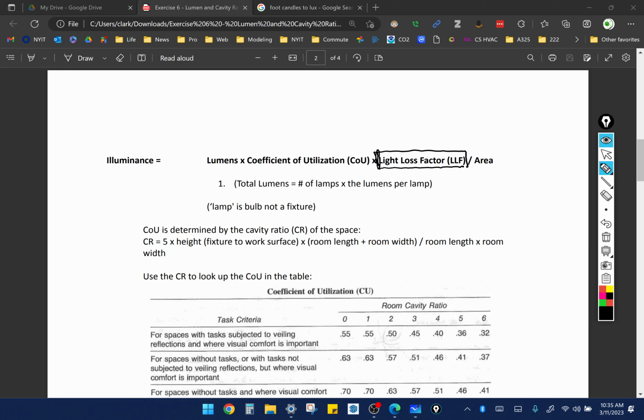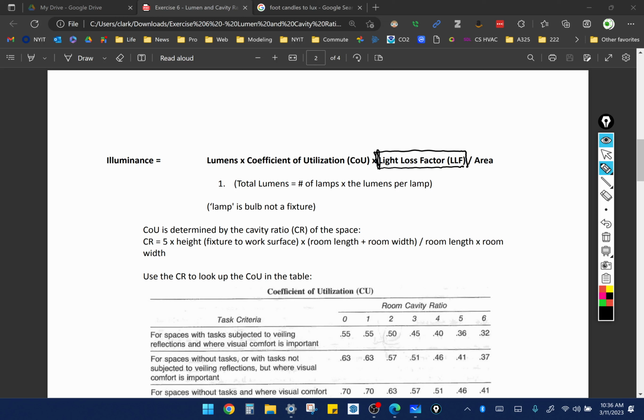So for a certain kind of lamp, we're going to assume that after a year it's at 80%, whereas this other light we're going to assume is at 90%. Also where the light is situated exactly: is most of the light going up as opposed to down? If you have 1,000 lumens, but most of it's going to hit the ceiling, then less of that is going to hit the task. So that's all the light loss factors take into consideration.